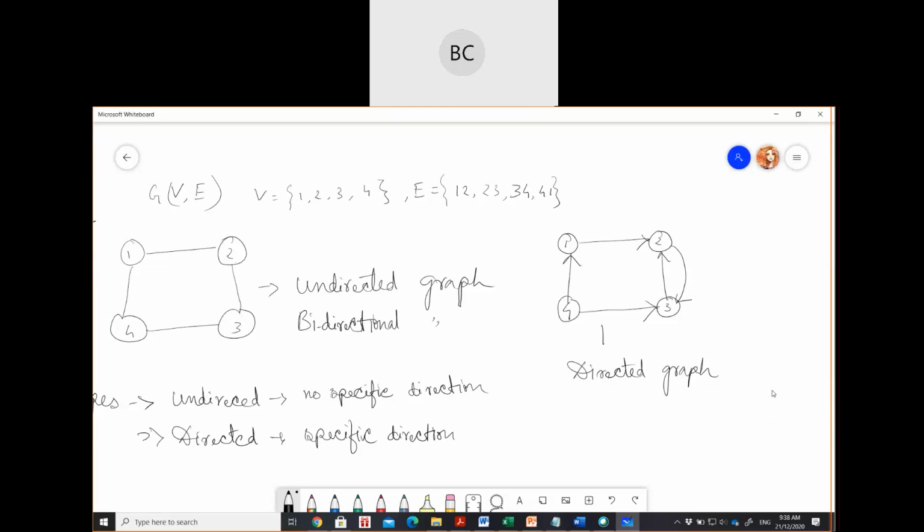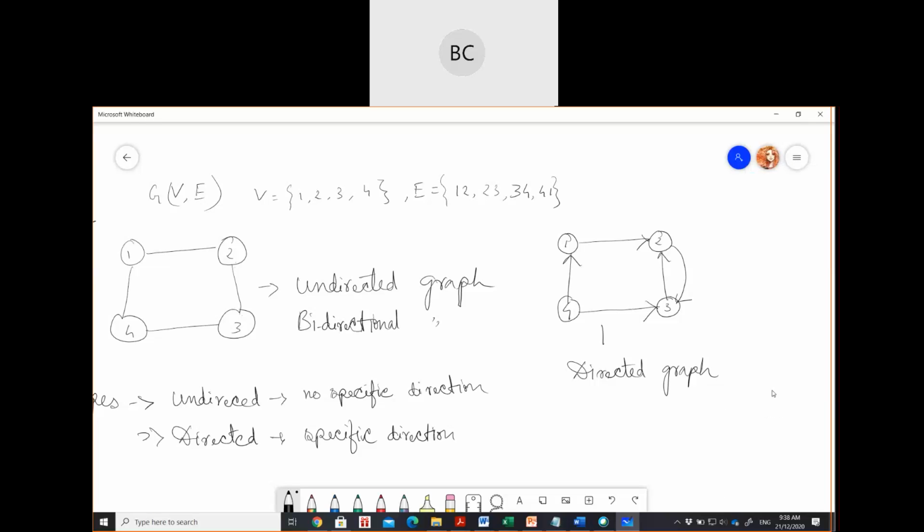But in a directed graph, there is a specific direction. From 1 you can go to 2, but there is no edge from 2 to 1. That means from 1 you can only go to 2, but from 2 you cannot come back to 1, because there is no edge directed from 2 to 1.